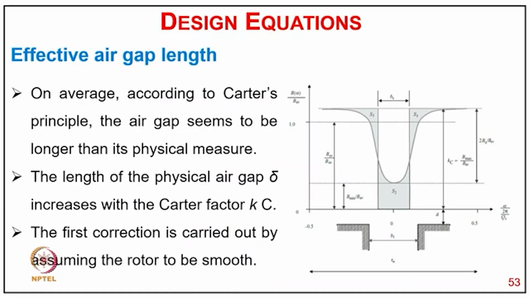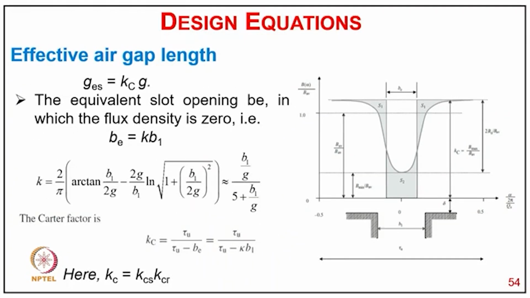On average, according to the Carter principle, the air gap seems longer than the physical measure because of the slot opening, and the length of the physical air gap, that is G, is increased by the Carter coefficient Kc. The first correction is carried out by assuming the rotor to be smooth, so the effective air gap is G_CS equal to Kc into G.